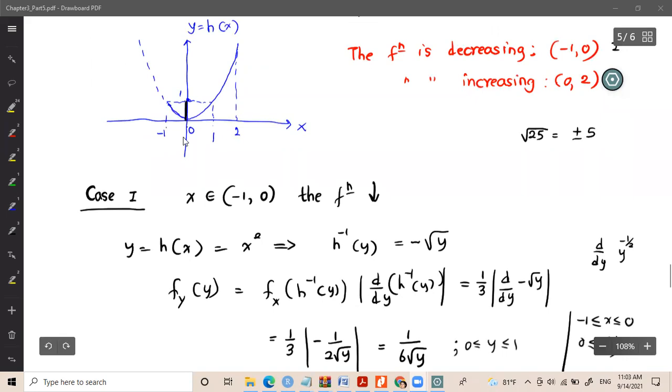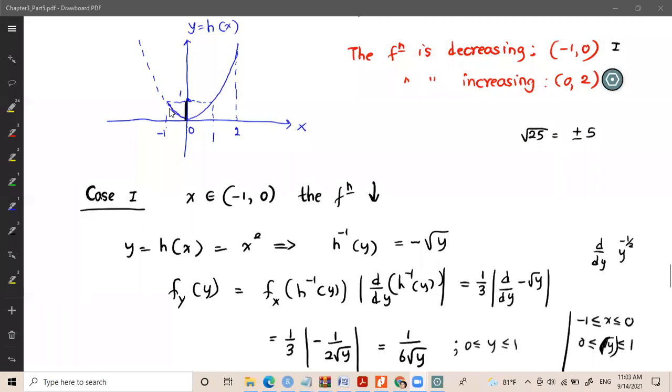We are in this -1 to 0. We are looking at the decreasing part of the x square function. So when you take the inverse, you get the square root. Always, when you take the square root of any number, you always consider both positive and negative, right? Because both positive and negative, when you square it, it becomes positive. Therefore, when you are taking the square root, you have to consider both plus or minus. And when the function is decreasing, that is where the minus part is incorporated.